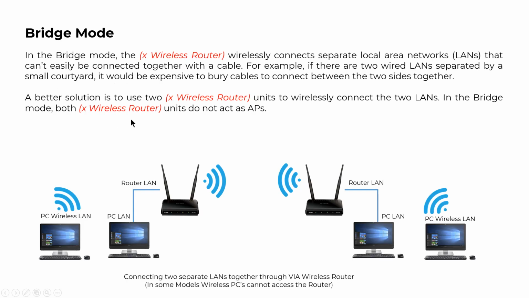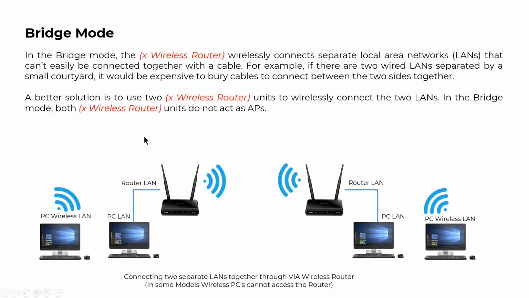Bridge mode: as you can see, I have one LAN network with wireless, one PC with a wireless LAN and a second PC with a LAN port. On my right-hand side and left-hand side, these are two different networks. Let me explain.